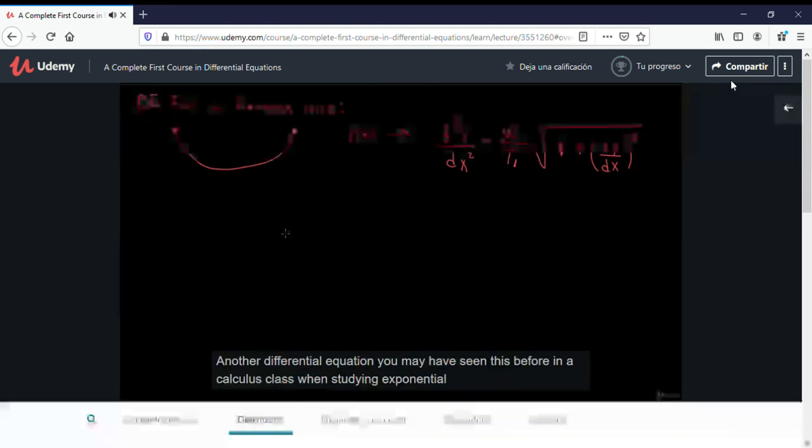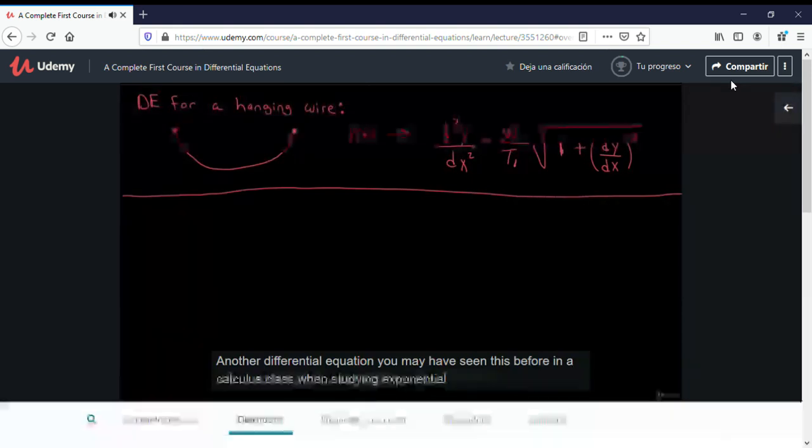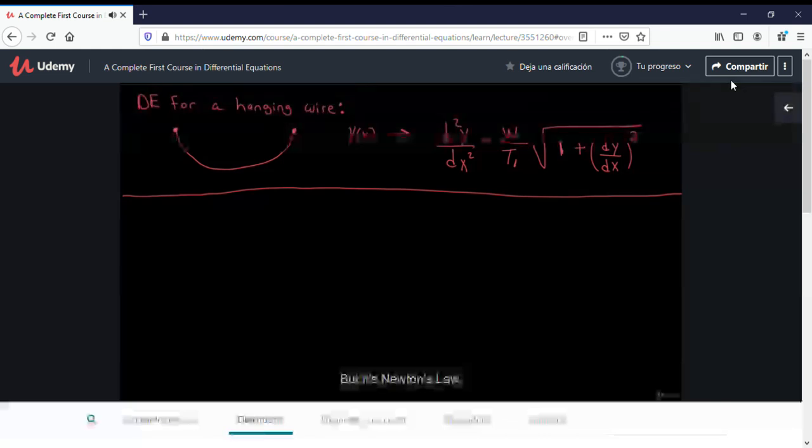Okay, another differential equation. You may have seen this before in a calculus class when studying exponential growth, but it's Newton's law of cooling.